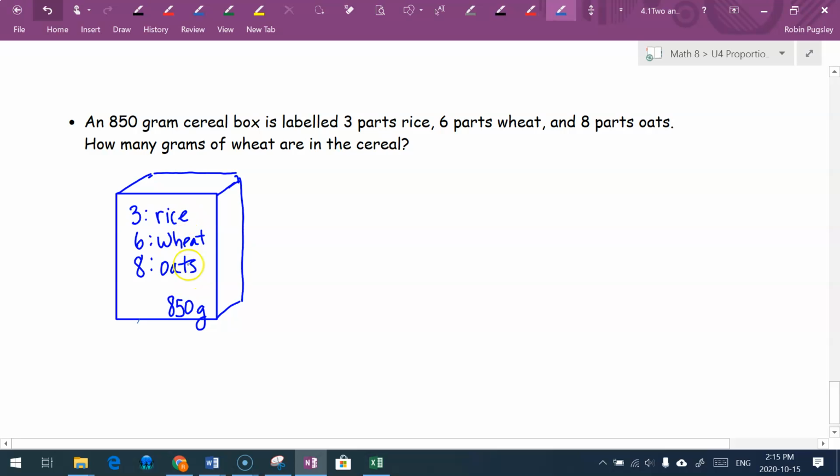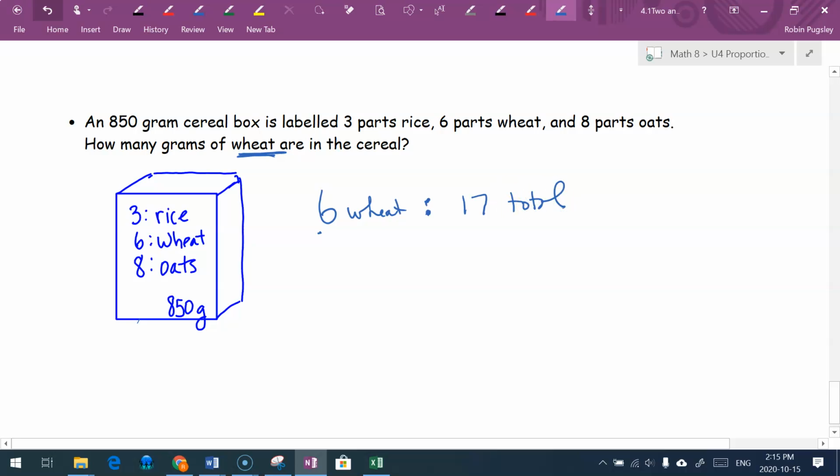I don't know how many grams of each of those are, but I know if I added all the grams together, I would get 850. Or in other words, if I added all the parts together, I would get 17 parts. So I can use that idea again. We want to just look at the wheat: 6 parts are wheat out of a total of 17 parts total.